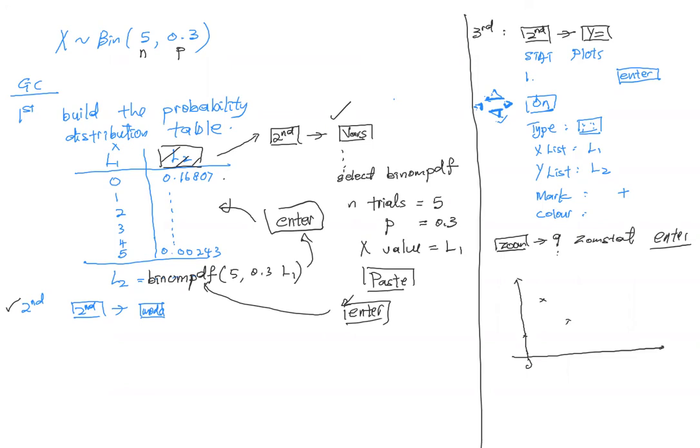Transfer the graph into your book. Five, 0.3, L1. So you can move the point around and it will tell you the value.